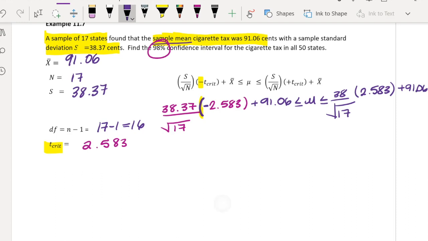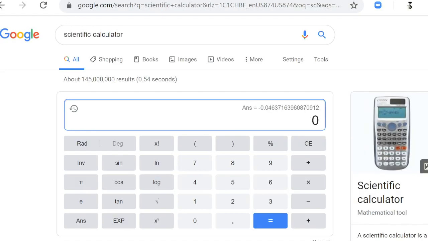Okay, so again, this is the margin of error. So I'm going to calculate that part first. So parentheses, 38.37 divided by the square root of 17, parentheses, times, I would recommend also putting parentheses here.